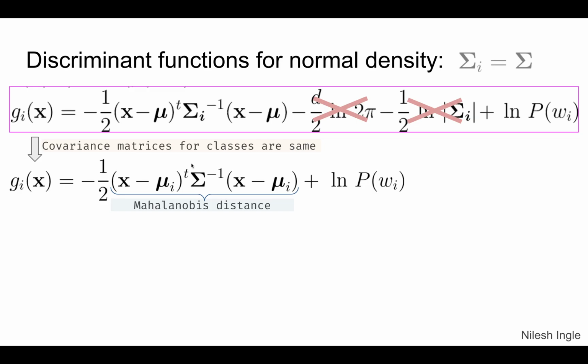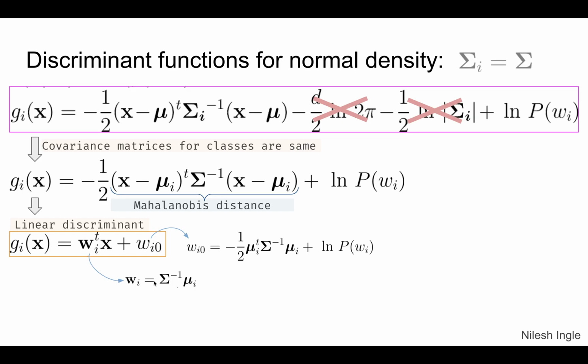In this case it is there, and based on that we arrive at this linear discriminant relation, w i transpose x plus w i0, and it is given by this relation, and the w i is given by this relation which has the inverse of the covariance matrix.